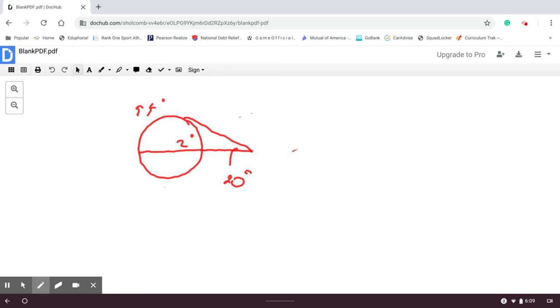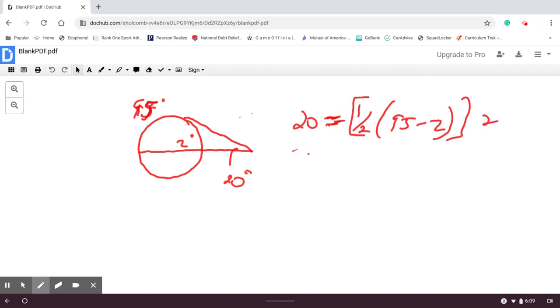Okay, it's pretty obvious that the 95-degree arc is the bigger arc, so that has to be my x in my calculation. And so my 20-degree angle is equal to 1/2 of my larger arc minus my smaller arc. All right, so we're going to distribute, and actually, let's just multiply both sides by 2 so we don't have to deal with a decimal.